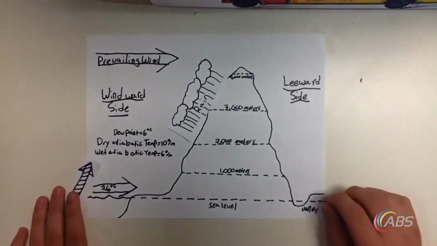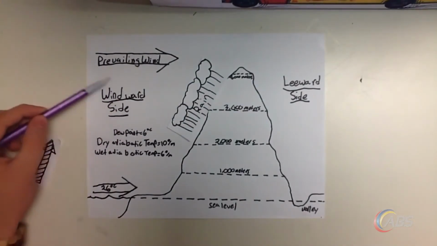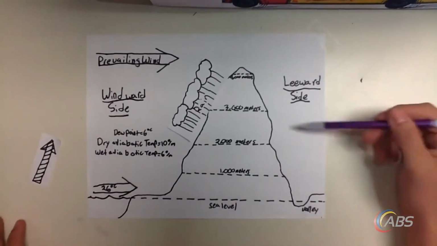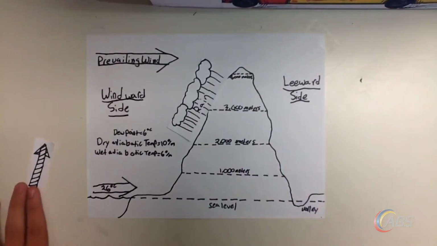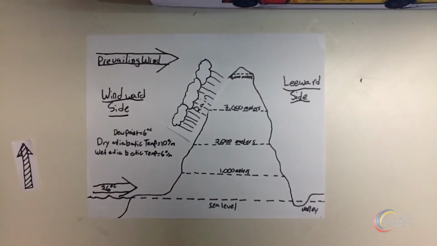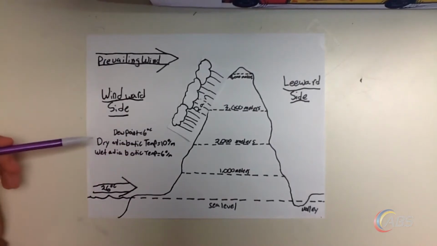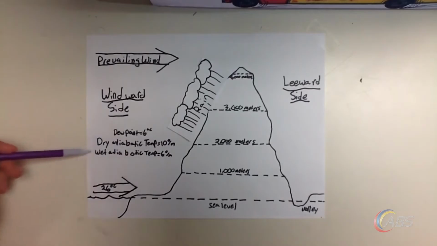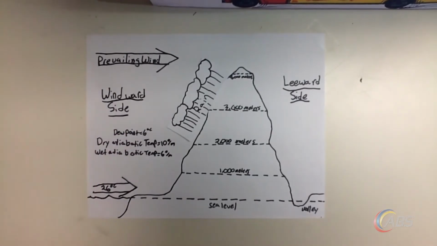The windward side of a mountain is over here and generally receives more precipitation, and the leeward side is drier. Adiabatic temperature change is when air spreads out due to low pressure and high elevations. A dry adiabatic lapse rate is descending 10 degrees Celsius for every 1,000 meters you ascend. The wet adiabatic lapse rate, or the area of dew point temperature, descends 6 degrees Celsius per every 1,000 meters.